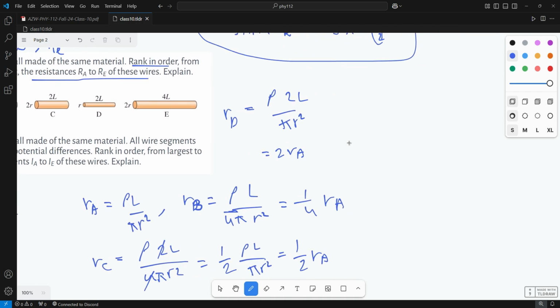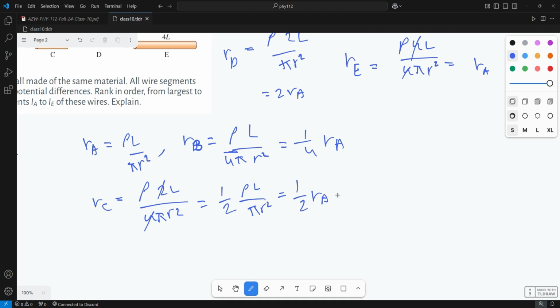Again, for Re, we can write it as rho times 4L divided by pi (2r) squared, which is 4 pi r squared, which is equal to Ra.